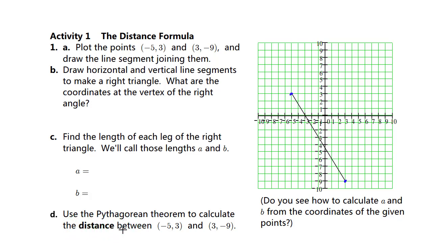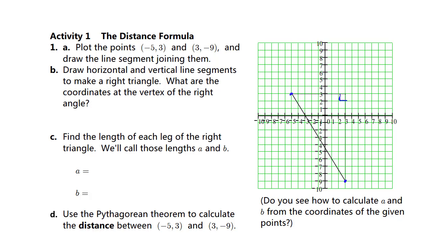But first, before we get to that part, we're going to draw horizontal and vertical line segments to make a right triangle. Here's a horizontal one and a vertical one. Because one is horizontal and one's vertical, we made a right triangle here. So that's a right angle there.